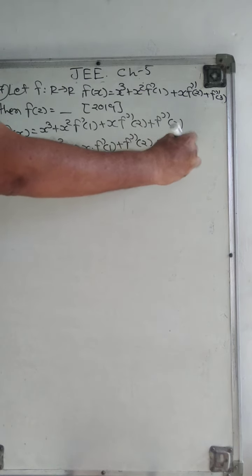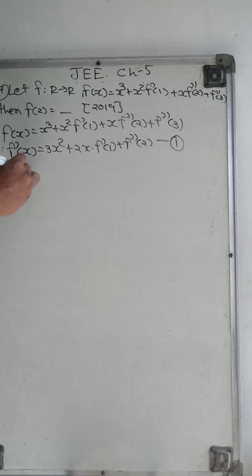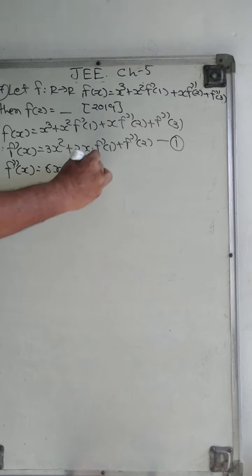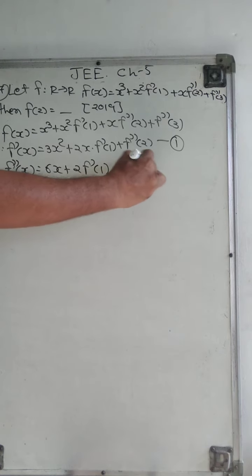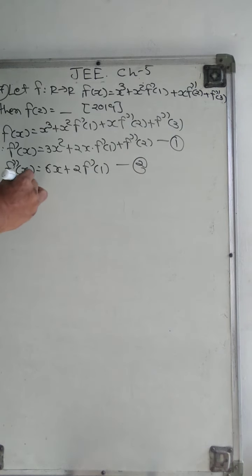Second derivative is 6x plus 2 f dash 1, and triple derivative is only 6. Okay, so we can say that the triple derivative is 6.